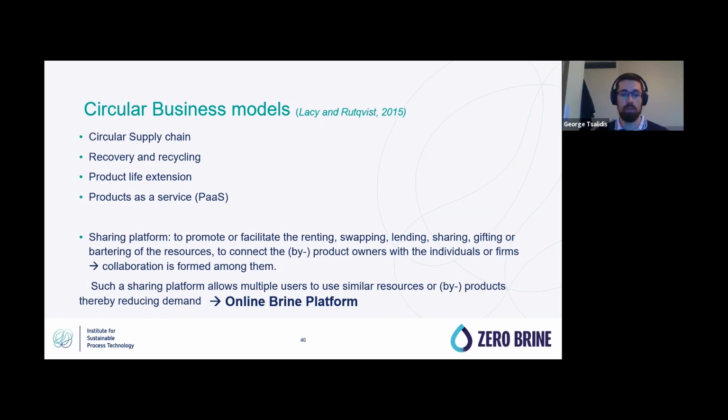Yeah, thank you. I think it's also a possibility of the ZeroBrine project that with these test centers and the online brine platform, there are different opportunities and possibilities to find circular opportunities and uses of so-called waste streams, brine streams, because there are possibilities, and it's good to explore these.